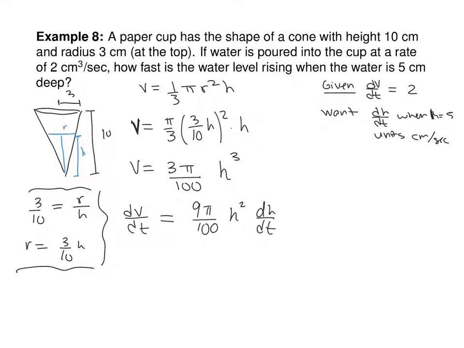As in, I just took the derivative, right? Now can you plug your stuff in? What goes in for dV dt, if anything? 2. What goes in for H? 5. So can I just say 25 right away?